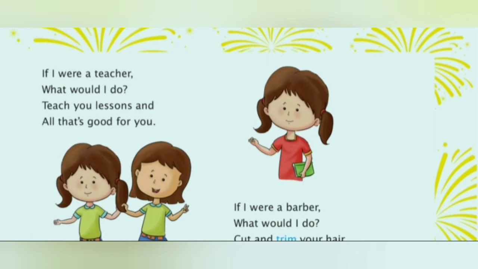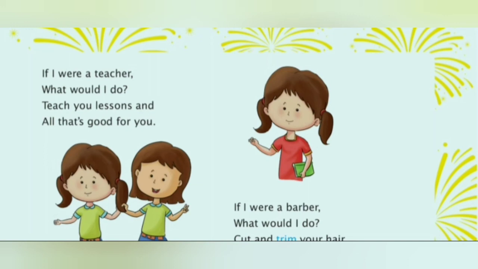Teach you lessons and all that's good for you. So in this stanza, in the third line we have and, but that's there in the end, so we cannot split that sentence. So the fast process is like, if I were a teacher, what would I do? Teach you lessons and all that's good for you.